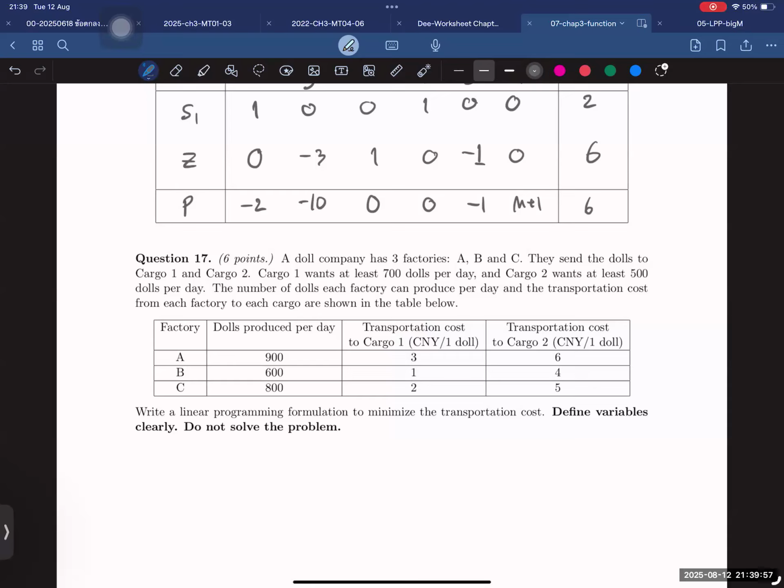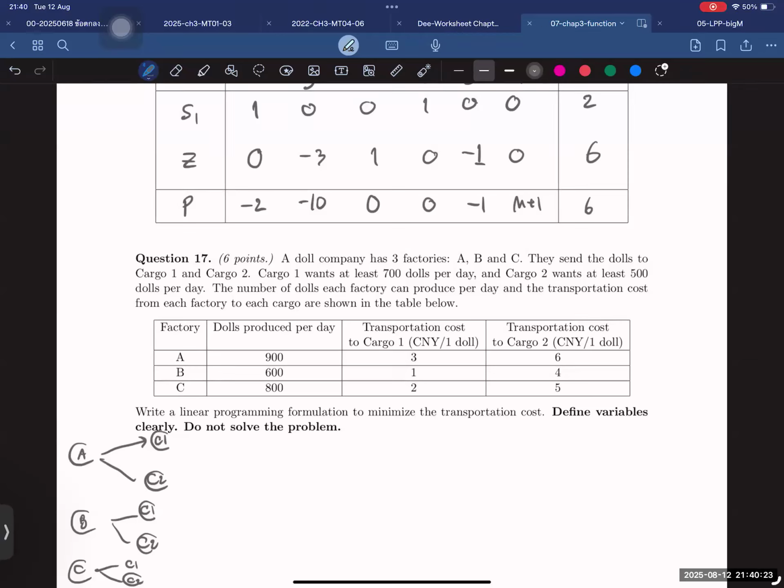So there are 3 factories. Factory A sends the dolls to cargo C1 and cargo C2, right? Same as B, which goes to C1 and C2, and C goes to C1 and C2 again. All right, let's define the variables.